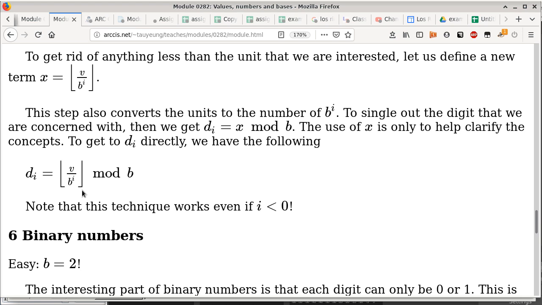V, which is the value being converted, divided by B, the base, to the power of whatever digit you are interested in. This is the floor function symbol. Take the floor of that, and then use a mod operator so that you isolate just one single digit without the other higher powers interfering with the digit that we're interested in. And that's it.